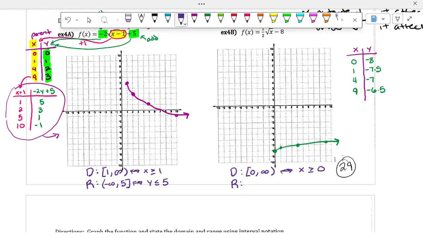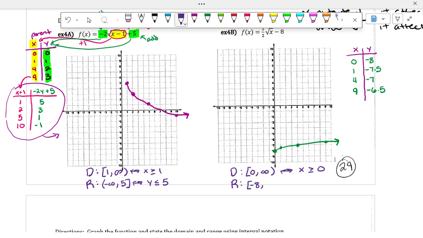Lowest y value. Negative 8. Good. Highest. Oops. What's the highest? Highest.